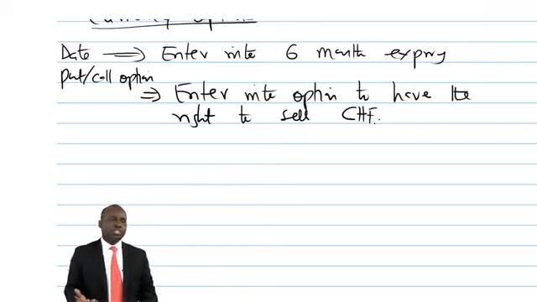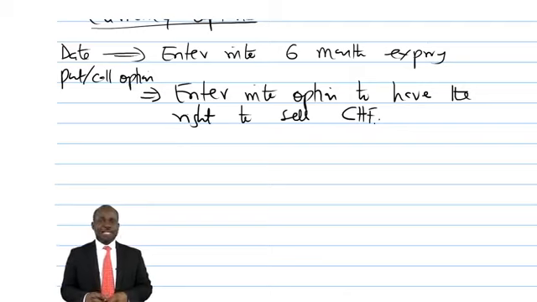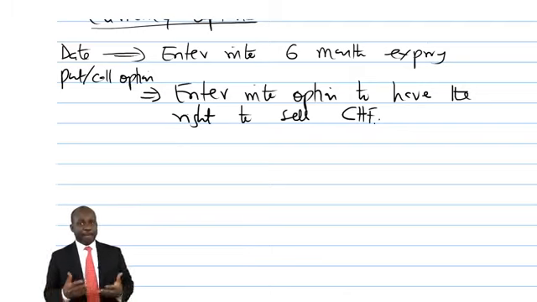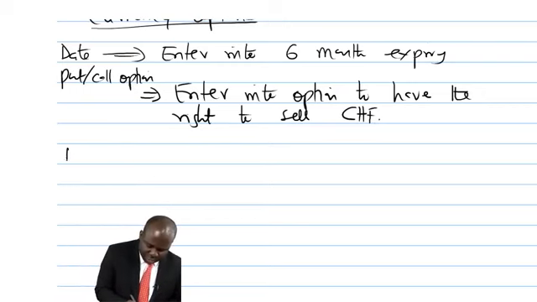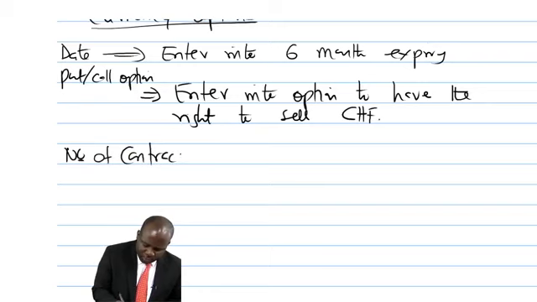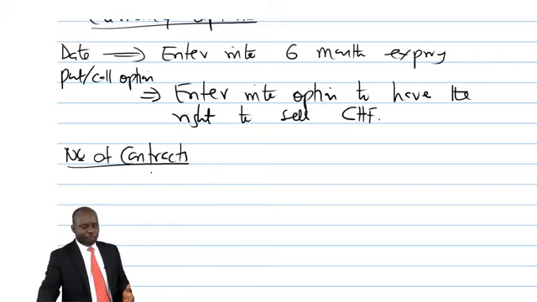Then for options, for you to have the right, that is the only difference here now. For you to have the right, it doesn't come for free. You have to pay a premium. But how many contracts should you enter into? So go and look at number of contracts. Number of contracts is the exposure divided by the contract size.